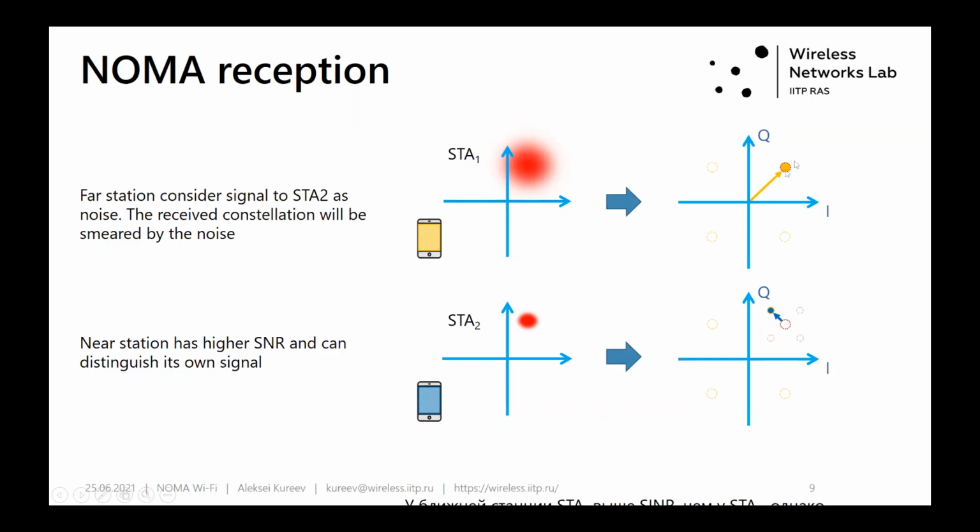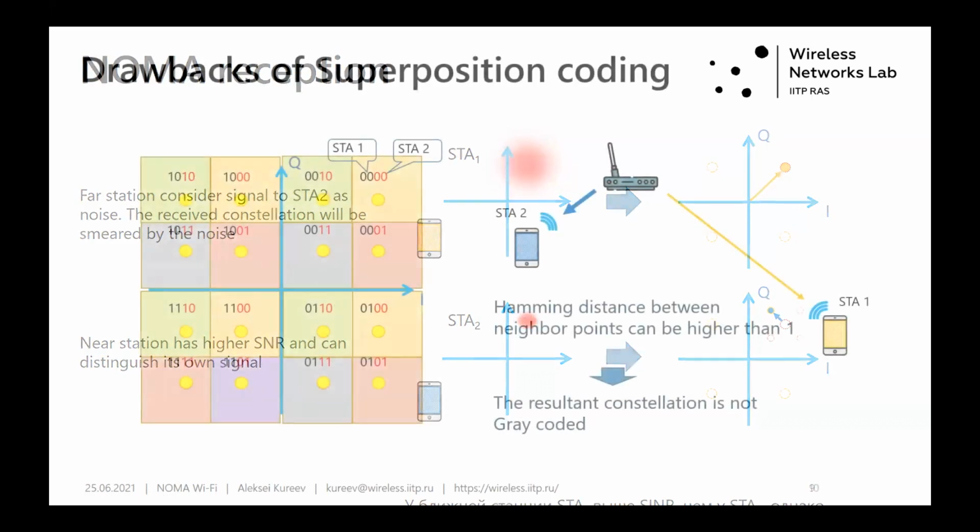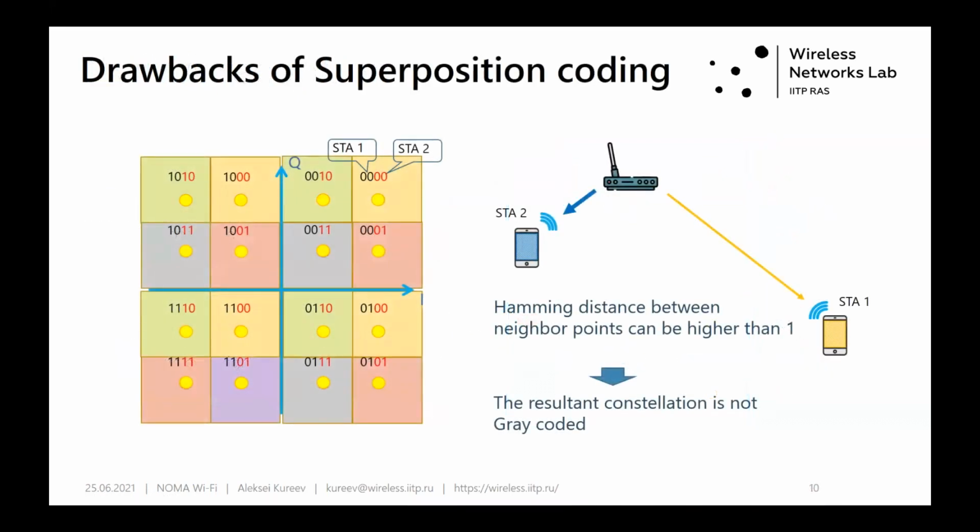If the noise is not too high, station 1 can decode this signal and understand which point it is. For example, if QPSK was transmitted, this point from the QPSK alphabet is decoded here. A near station has high SNR and can distinguish its own signal here. That's why we can do this successful interference cancellation procedure on the receiver part.